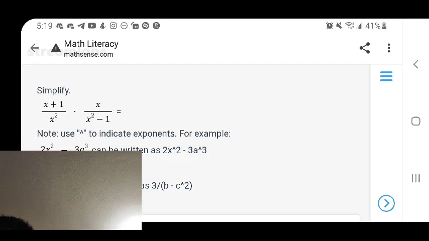Oh yeah, same thing. Okay, yeah. 1 over x squared. Cancel out x, you leave an x in the bottom. Cancel out x plus 1, you get x plus 1.